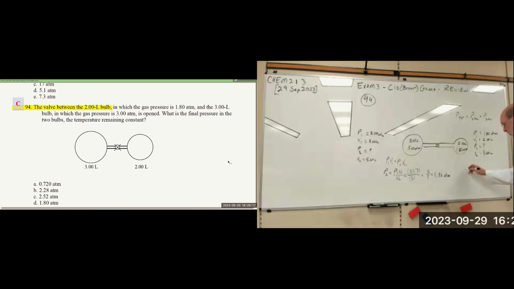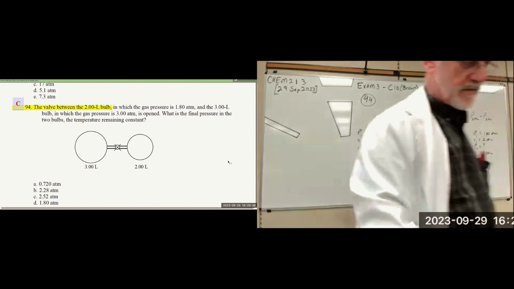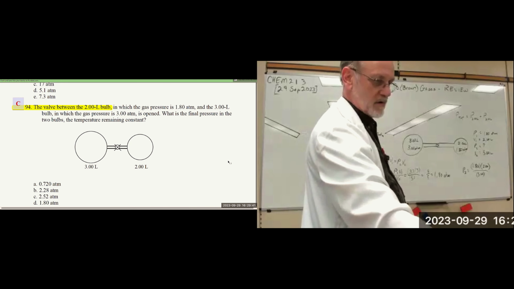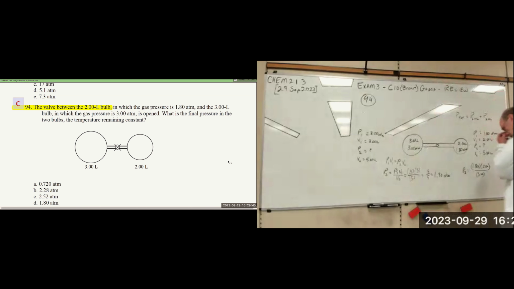So now, if we go P2 equals P1, 1.80, and V1, which is 2, divided by 5, what's that? Let's see, I'm not going to try doing that one in my head. It's 0.72. 0.72 is contributed from this side.